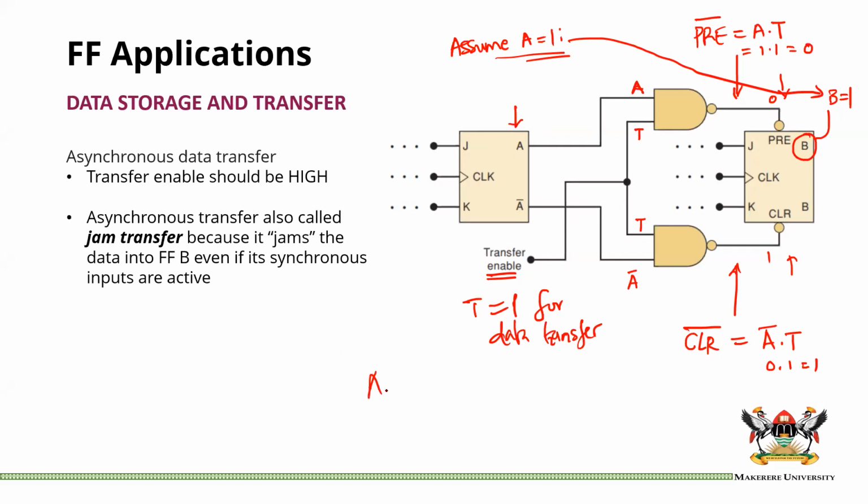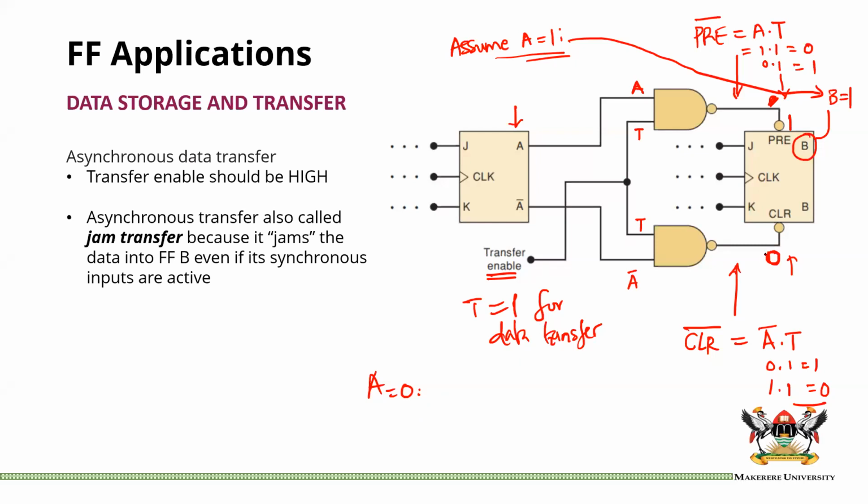Now, what if A was a 0? If A is a 0, then a 0 and inverse of a 0 is a 1 and a 1, which gives you a 0, meaning that now instead of having a 1 here, we have a 0 here. And here we would have A, which is a 0, and 1 giving us a 1. So instead of having a 0 here, now we have a 1. You have a 0 here and a 1 here.